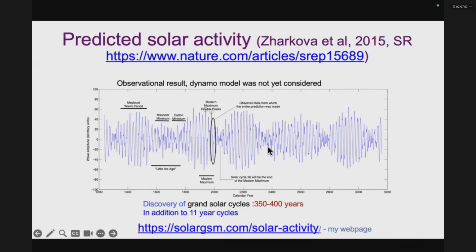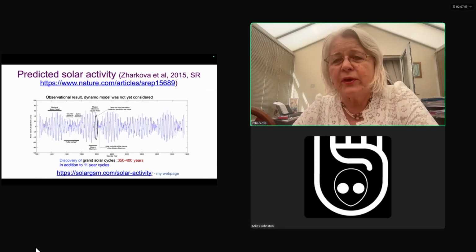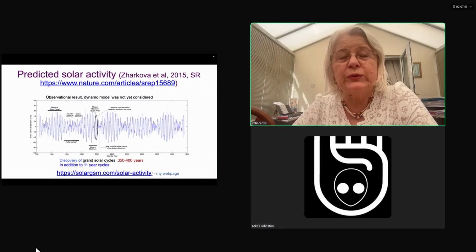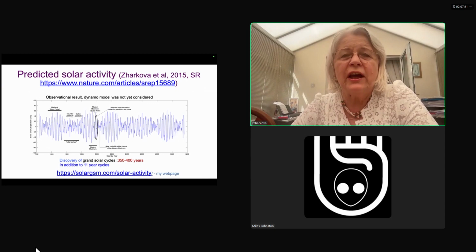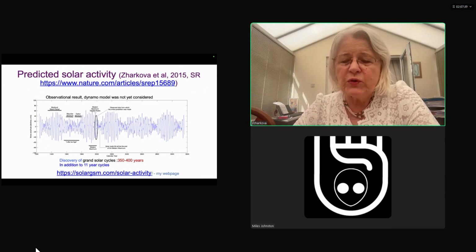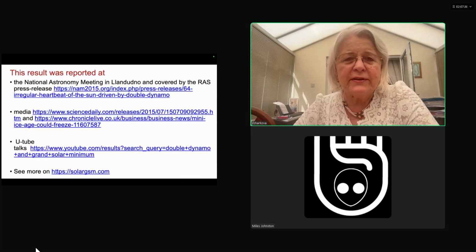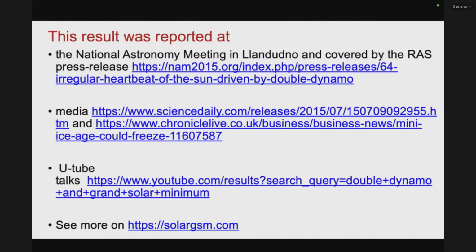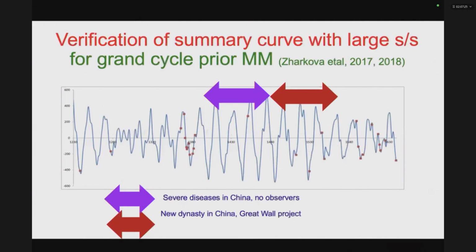So basically, it is two waves interfering, which I explained to you in the pictures and cartoon, showing that when two waves run out of phase, they produce this envelope interference. This result was press released and published at the National Astronomy Meeting. We gave interviews and it was widely covered by media, if you can look at this.